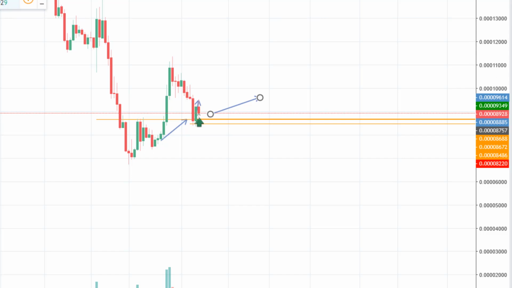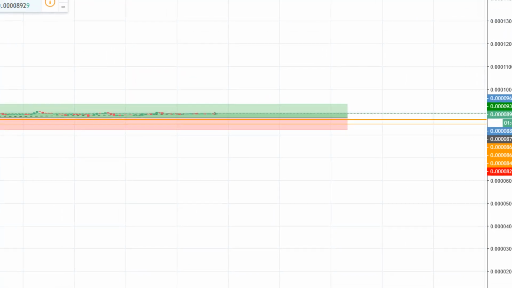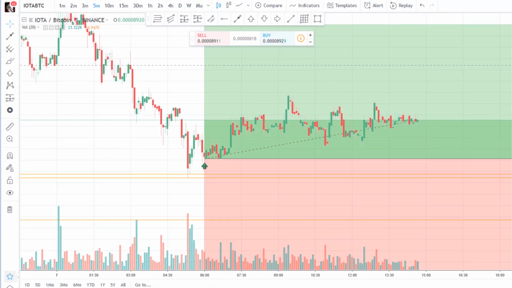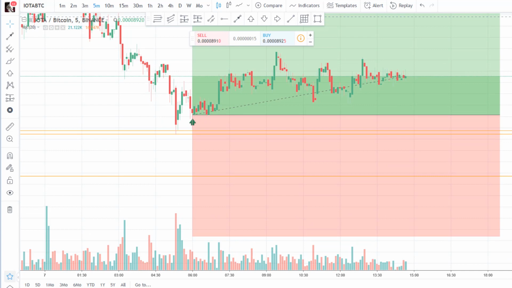But just structure alone, this is a good example of how just understanding the structure of what's happening in the near past and translating that to making a trade decision can be very effective.